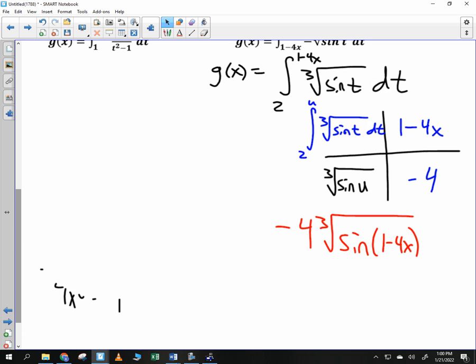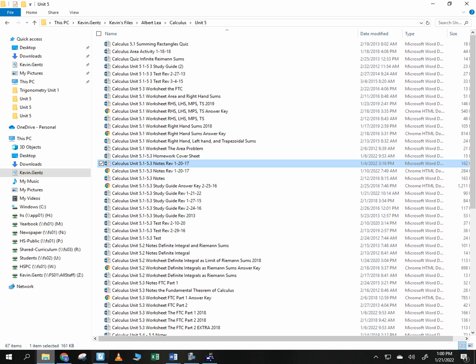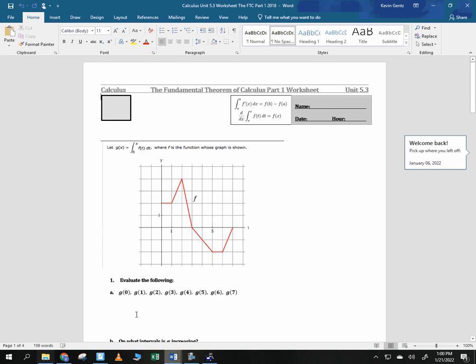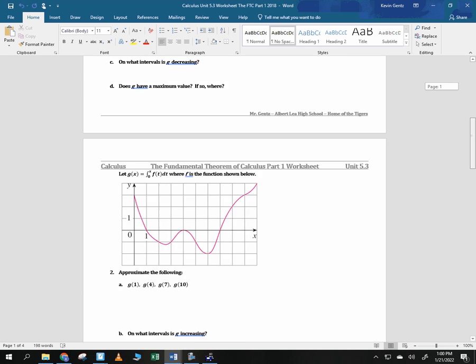So please take out your worksheet at this time. And it looks like we've covered these couple problems.